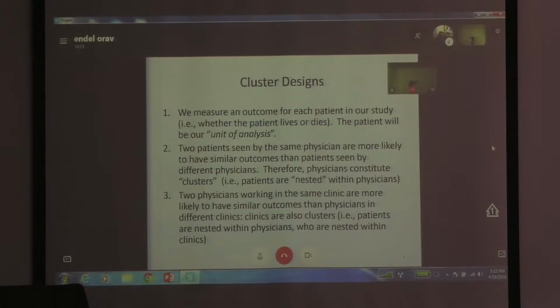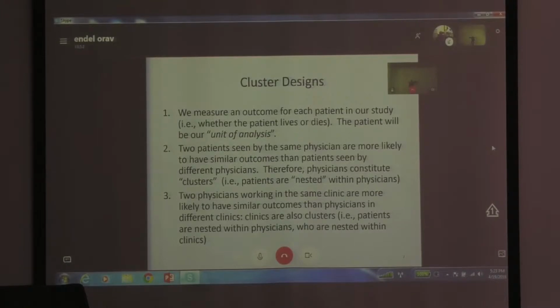And so the patient outcomes are dependent on each other if the patients are seen by the same physician. Patient outcomes may be dependent on each other if they're seen within the same clinic. And so we have dependent outcomes, even though each patient only has one outcome.